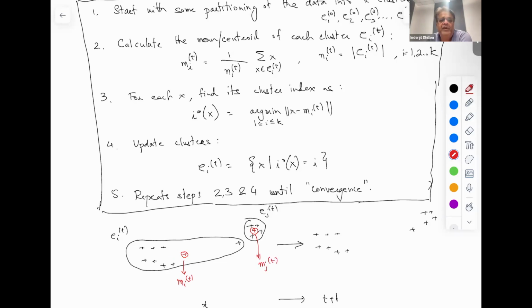So step 2 is done. And then step 3: for each point, let's say we have this point, what is the closest centroid? It will look at the distance from here to here, and the distance from here to here, and say i star of x is equal to i, because this distance is smaller than this distance. And so for all these points, it'll be the same. What about this point?